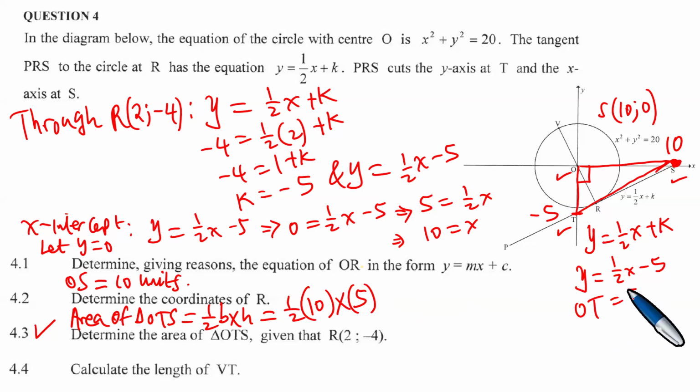With half of 10, what is half of 10? It is 5 by 5. What is 5 times 5? 25. So the area of triangle OTS is 25 square units.